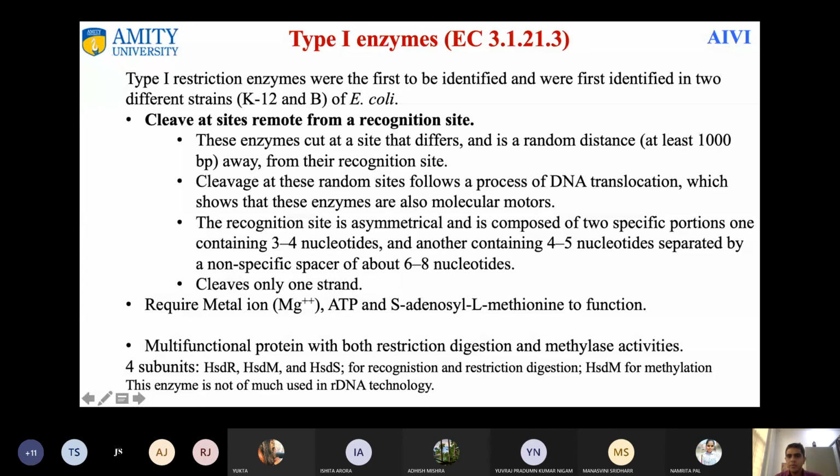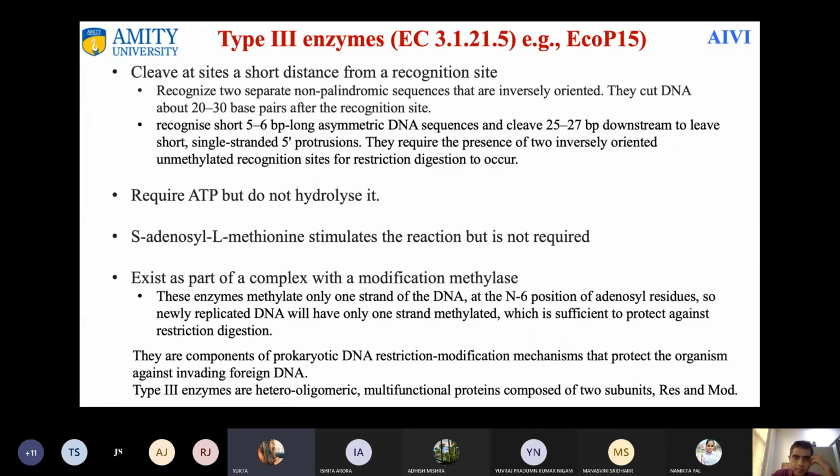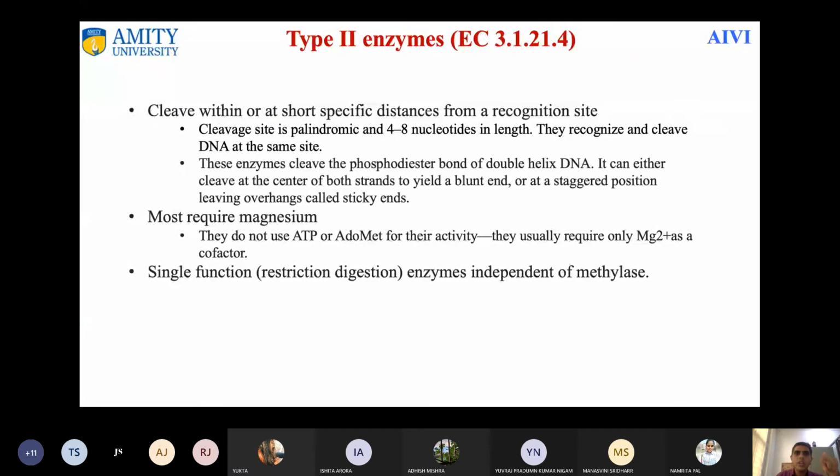Type 2 independent of methylase means they do not have methylase activity. A different enzyme is going to be there.